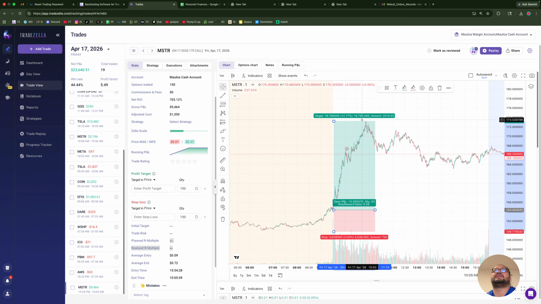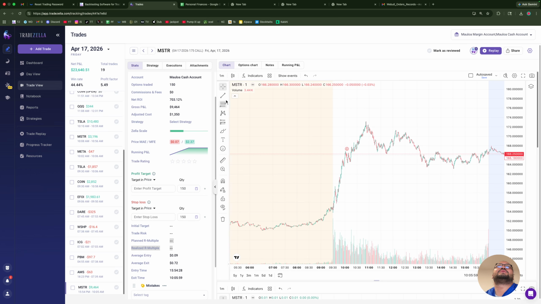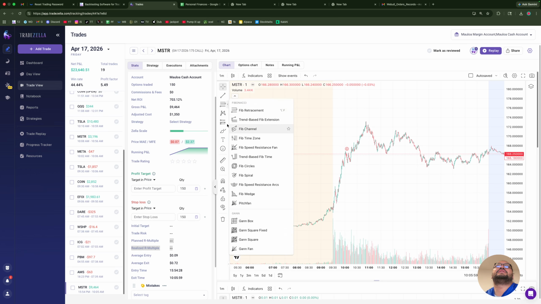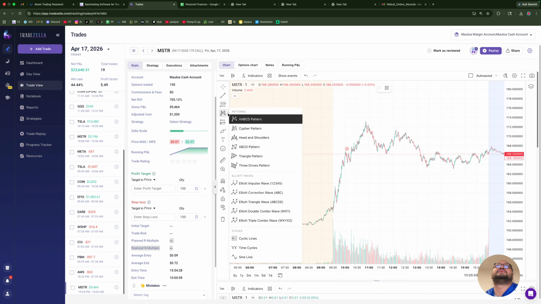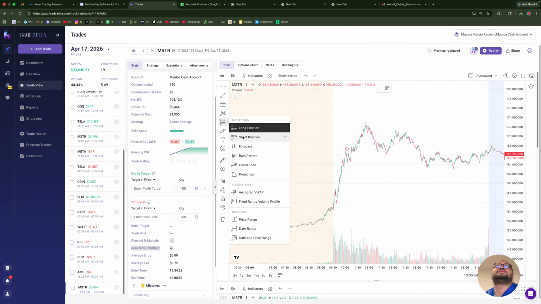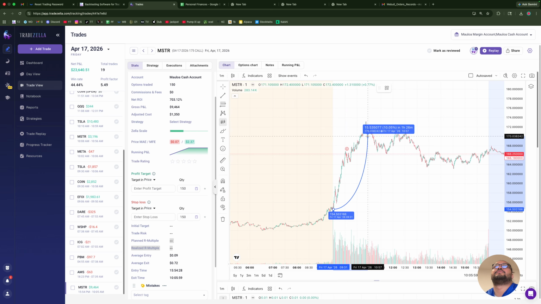So it ended up making a total of, wait, it's not even the tool. What the heck? Where is that tool? Fibs, all the fibs, all the patterns, forecasts. Making about an $18 move yesterday, up to 173.